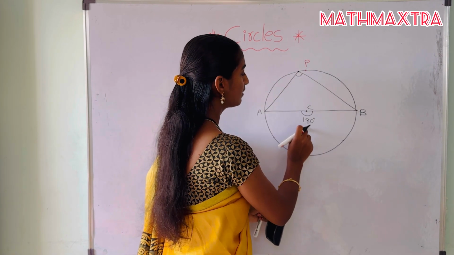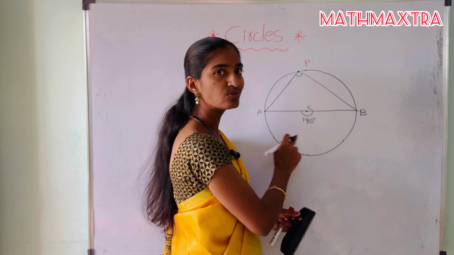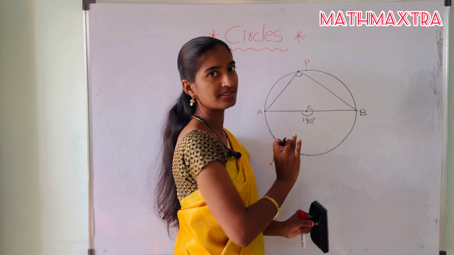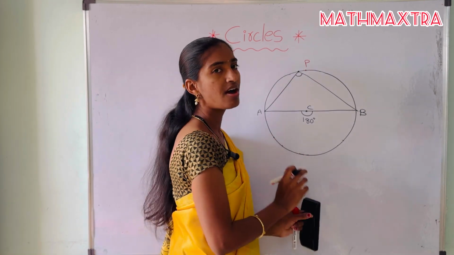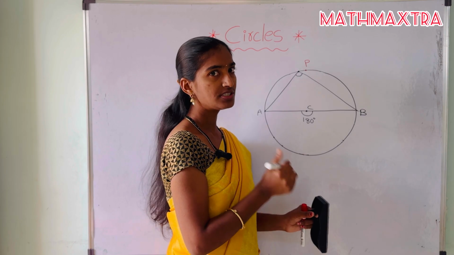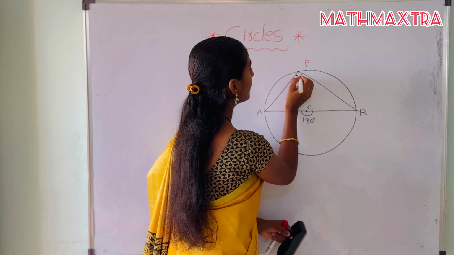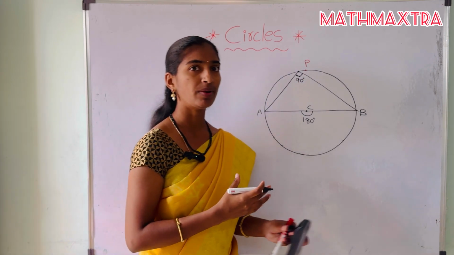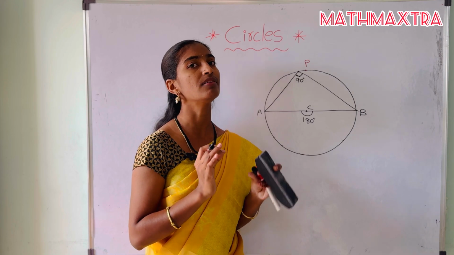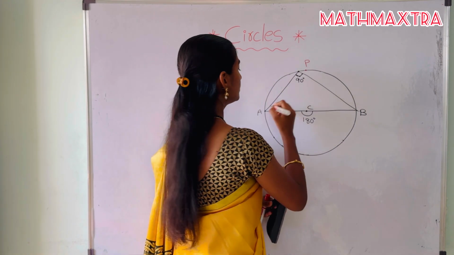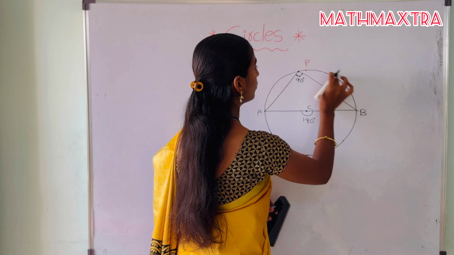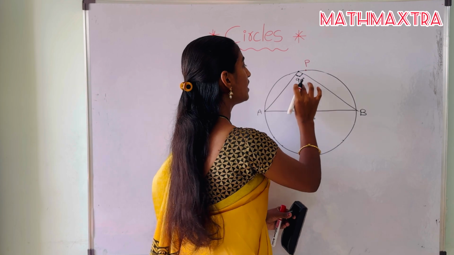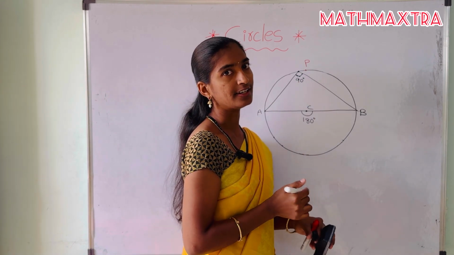We know the angle at the center is 180, so the angle here should be half of it, isn't it? Half of 180 degrees is 90 degrees, right? That is why this is always 90 degrees. So we use this property: the angle in a semicircle is always 90 degrees. This total AB is a semicircle and this is an angle in a semicircle, which always measures 90 degrees only.